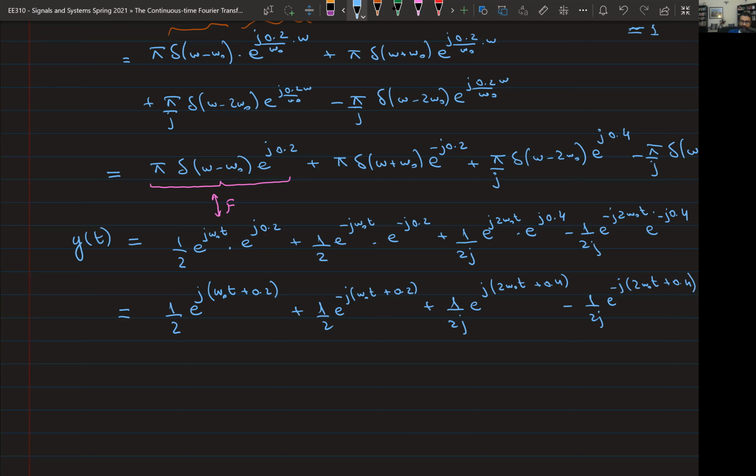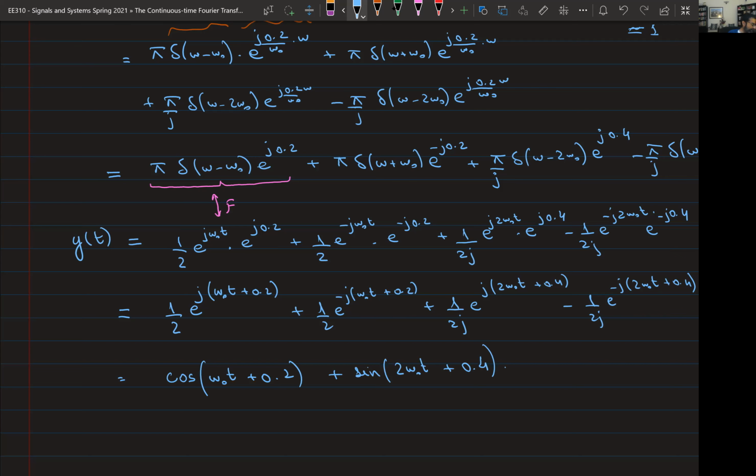So I just do this simple manipulation, and these two things combined together are actually cosine. This is cosine omega naught t plus 0.2, and the other thing, what will this be? This is sine 2 omega naught t plus 0.4.